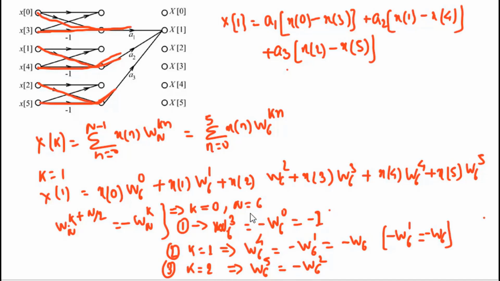We will put these values of W6 to the power 3, W6 to the power 4 and W6 to the power 5 in this equation 2, and let's suppose the earlier equation is equation 1. Then by comparing equation 2 and equation 1, you will get a1, a2 and a3 in terms of W6.